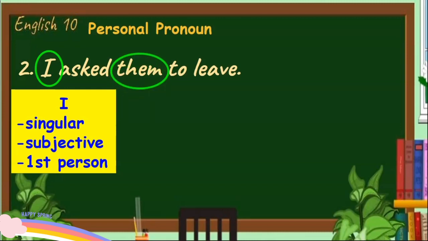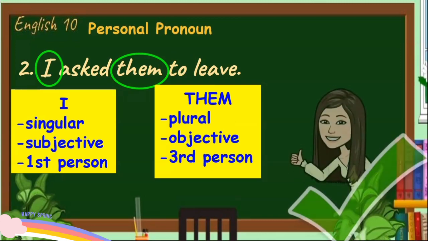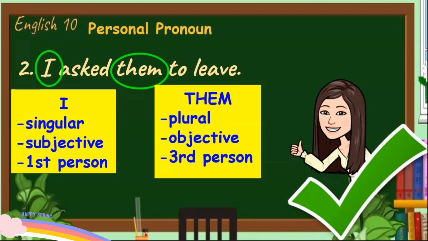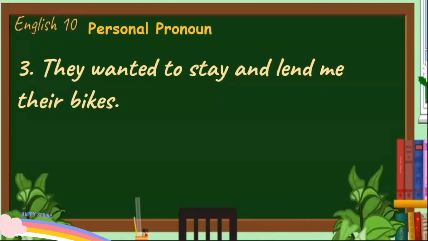Them, in terms of number, is plural. Case is a direct object. So it is objective in case. Next is the person is third person. Okay? So that's another 6 points. All in all, you have 12 points. Let's go to number 3.